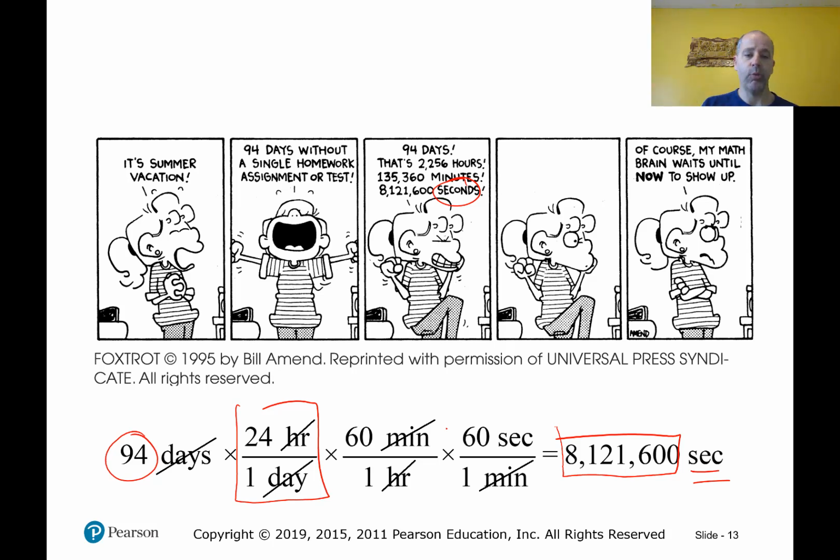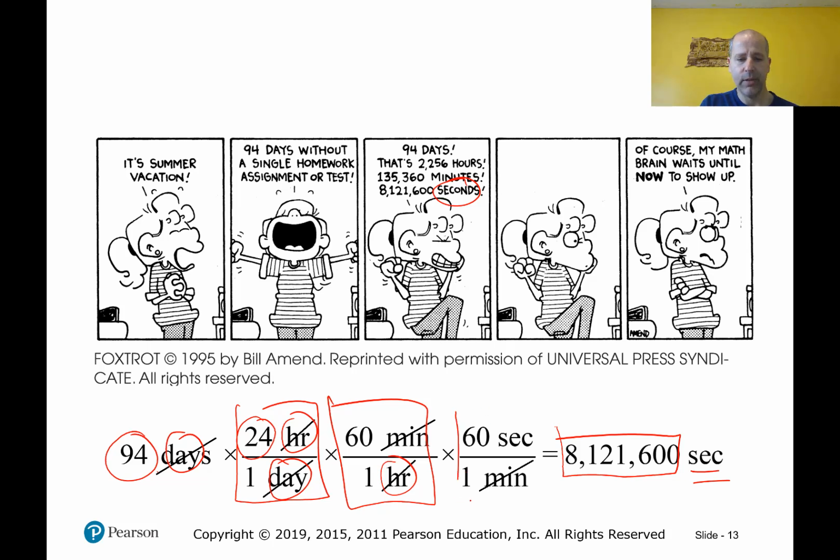We would start with what we know. So here's one conversion factor. Well, we know there's 24 hours in 1 day. So we use that conversion factor. And then we say, okay, well, how do we convert hours? Well, then we're going to use the fact that there's 60 minutes in 1 hour, right? See, now we've got days on top, day on the bottom, hour on top, hour on the bottom. Now we want to go from minutes to seconds, right?